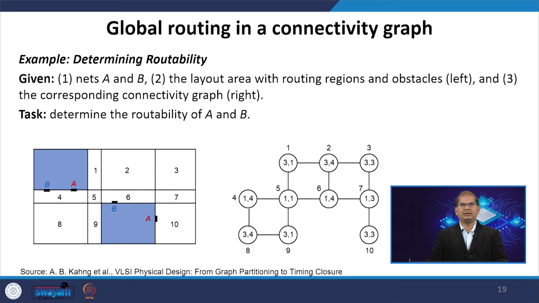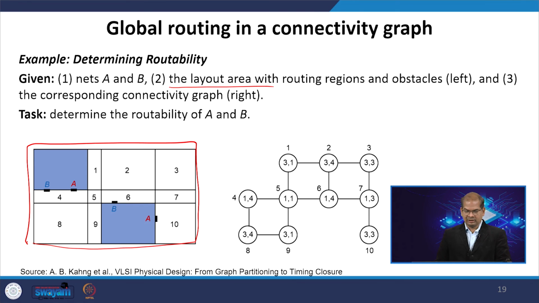So, we have another example. First one is the layout, this is the layout of the design given to us. Then we have nets: net A, these two terminals should be connected, and net B, these two terminals should be connected. If the nets and the layout are given to us, we can create the connectivity graph. The right hand side shows the connectivity graph.